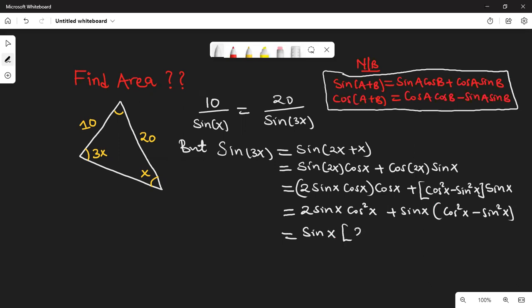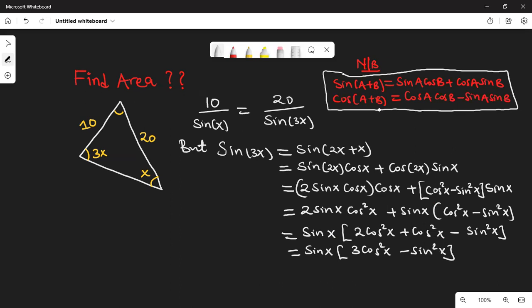Inside we have 2 cos squared x plus another cos squared x minus sine squared x. And for cos squared x, we have 2 plus 1, that will give us 3. So we'll have sine x multiplying 3 cos squared x minus sine squared x.